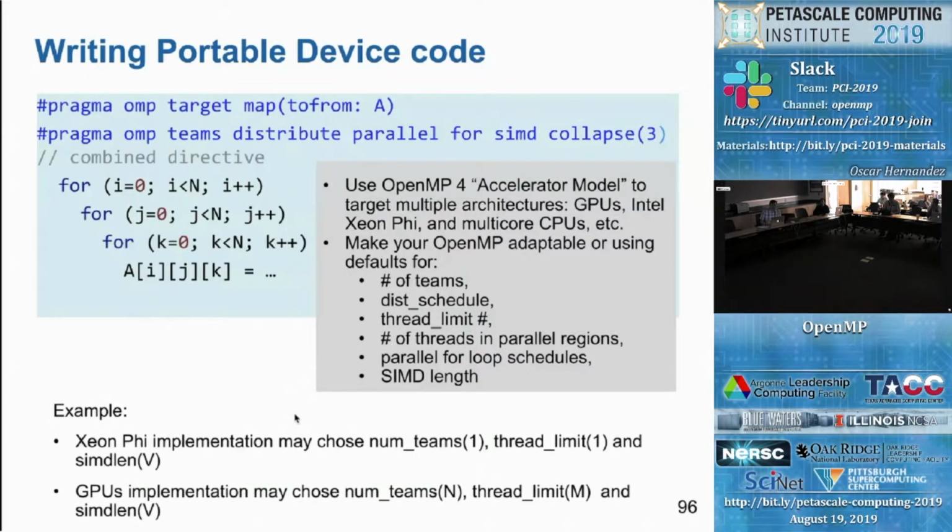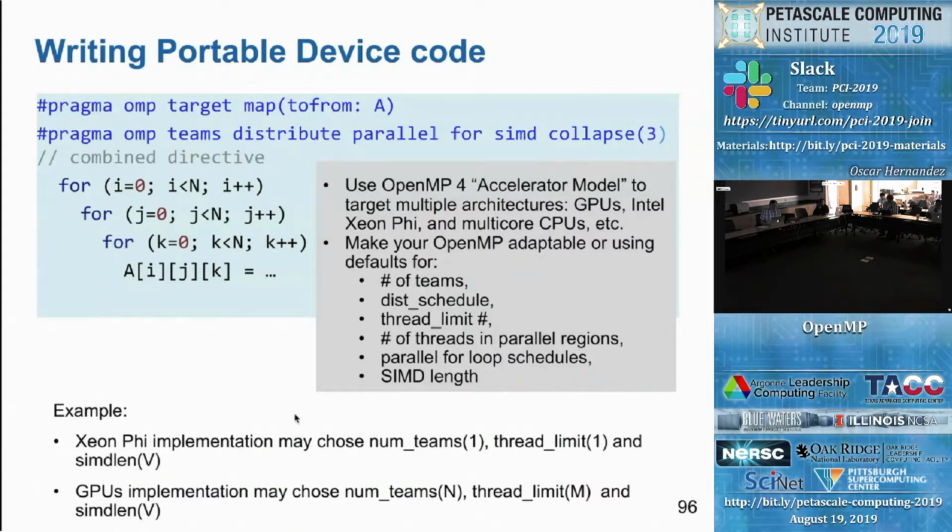If you have a smart compiler or runtime, they should be able to automatically pick for you the correct number of teams, the schedule for the teams, for the distribute, the thread limit for each parallel region, or the number of threads in the parallel region, the length of the schedule for the parallel loop, for example, or the SIMD length that you want to use. And this is very important.